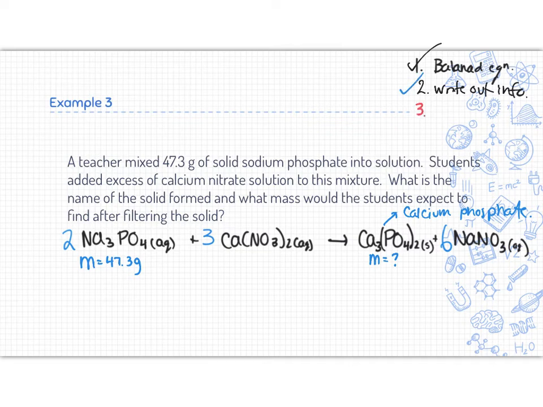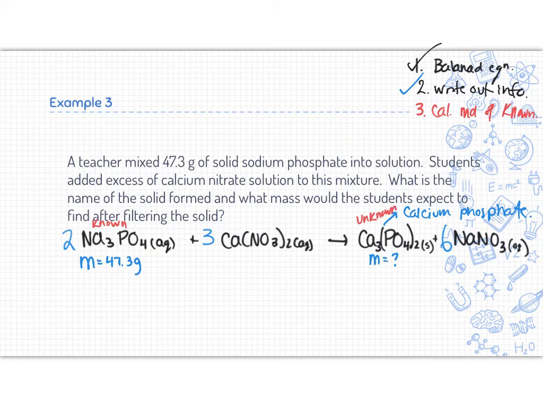Our third step is to calculate moles of our known. In this case, our known is sodium phosphate because I have information about it. My unknown is the one with the question mark every time, and that is calcium phosphate.